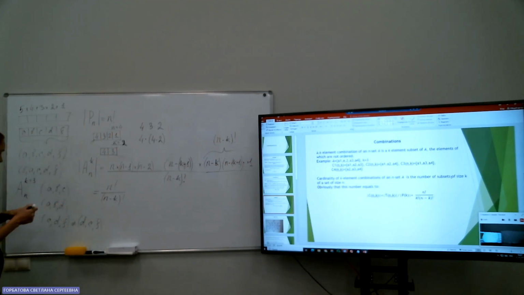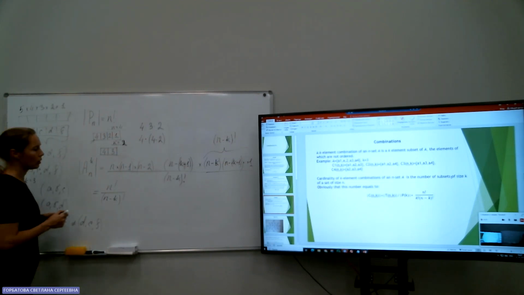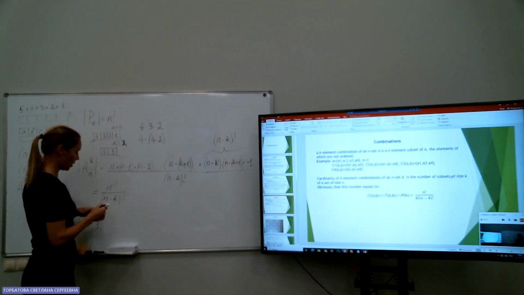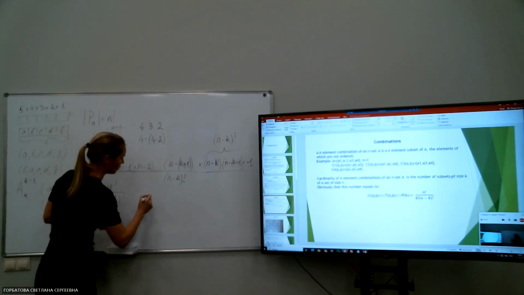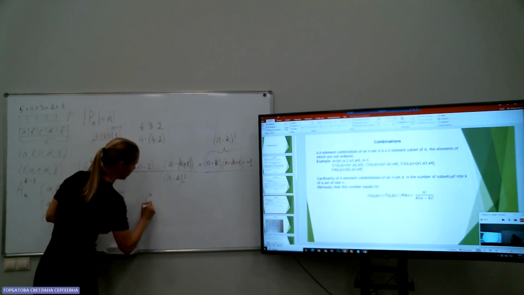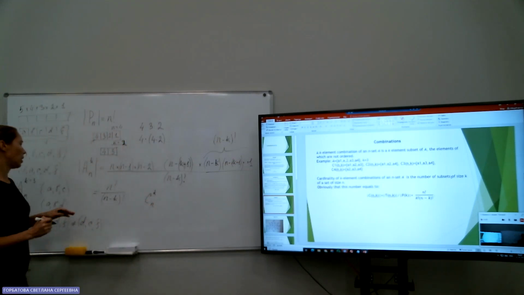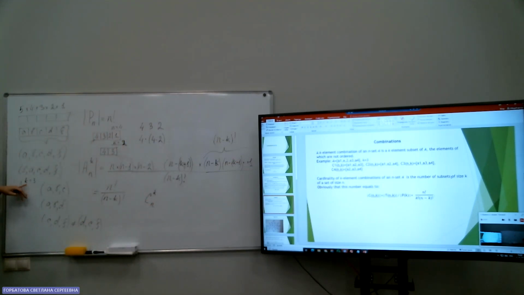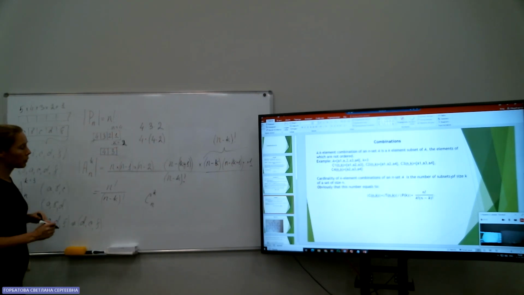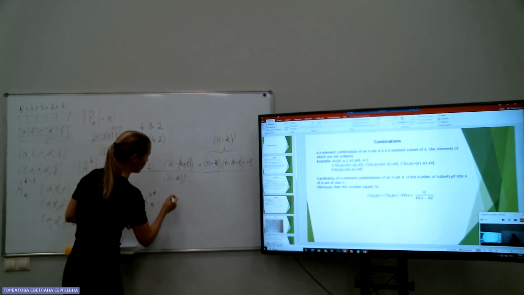Combinations, it is like k permutation of n elements, but the order doesn't matter.